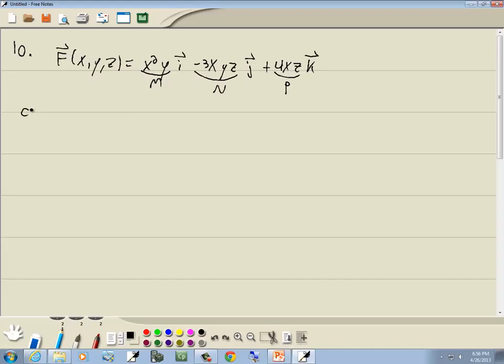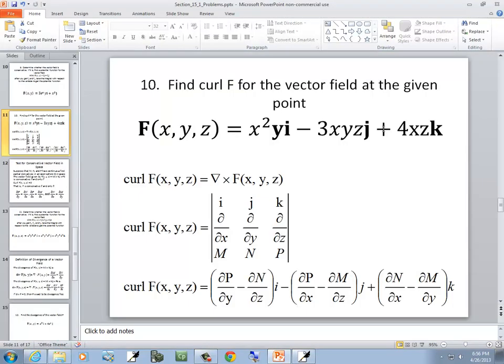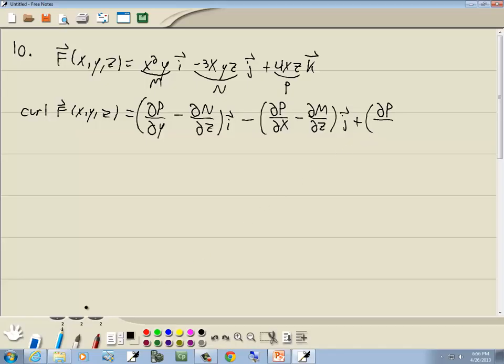So our curl F is going to equal the partial of p with respect to y minus the partial of n with respect to z, i, minus partial of p with respect to x minus partial of m with respect to z, j, plus, okay, I'm lying, partial of n with respect to x minus partial of m with respect to y, k.